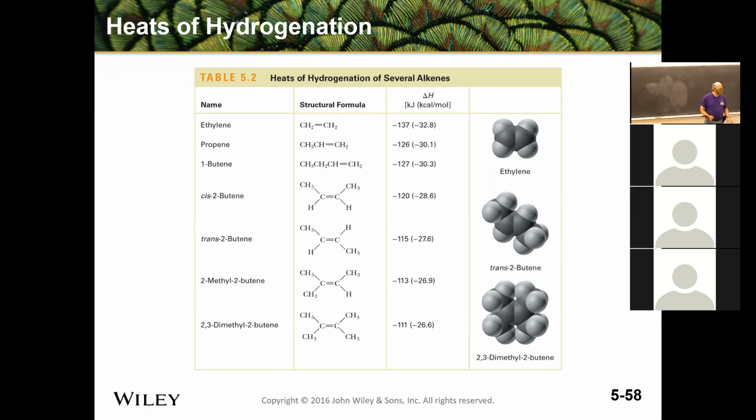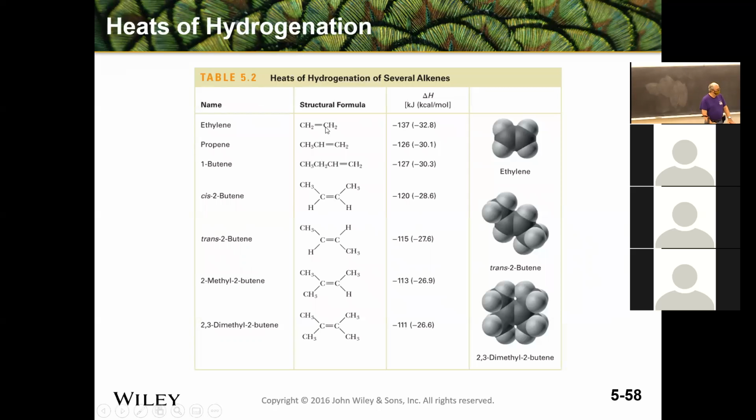We can perform this reaction in the presence of a catalyst, we add hydrogen to an alkene, and this is exothermic. Using a calorimeter, we measure the heat that is released. It is exothermic because the two new sigma bonds are stronger than the pi bond that we broke. So heat is released.